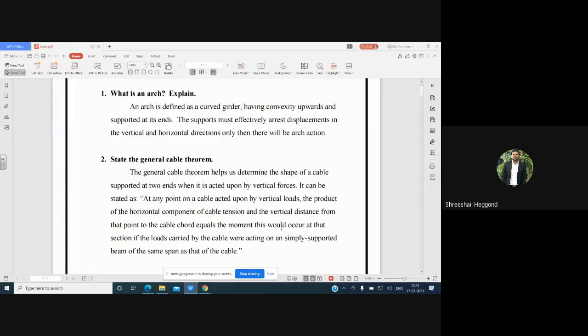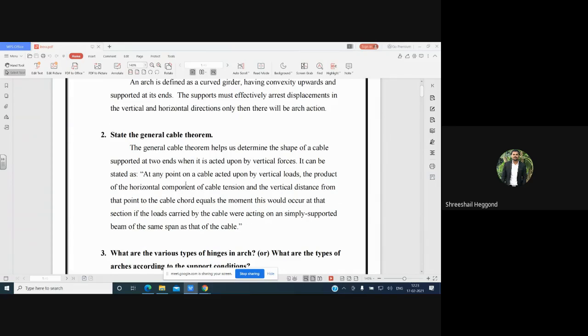Okay. Next is the general cable theorem, since cables are used for arches also in various types of structures. In general, the cable theorem helps us determine the shape of a cable supported at two ends when it is acted upon by vertical forces.